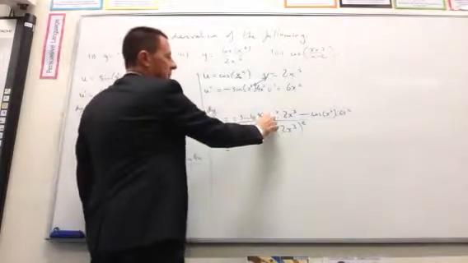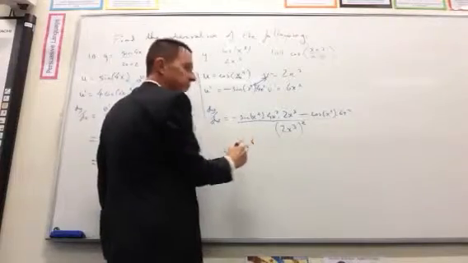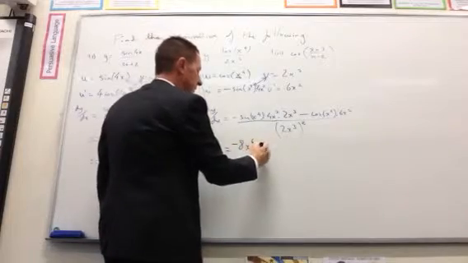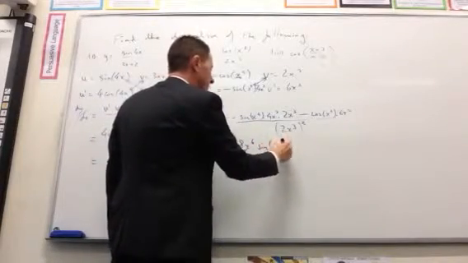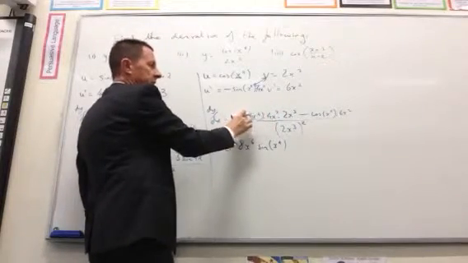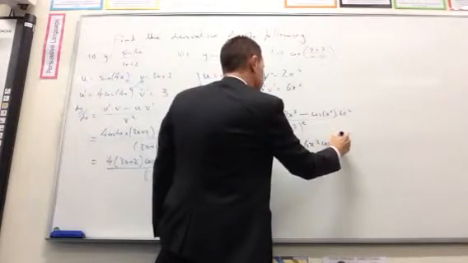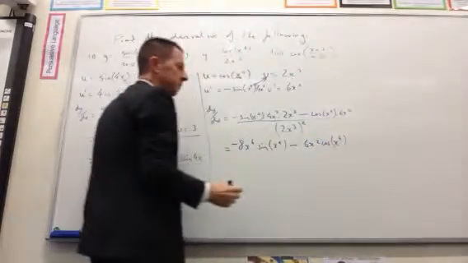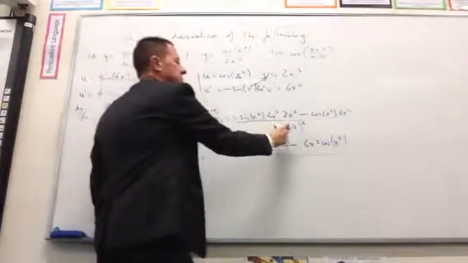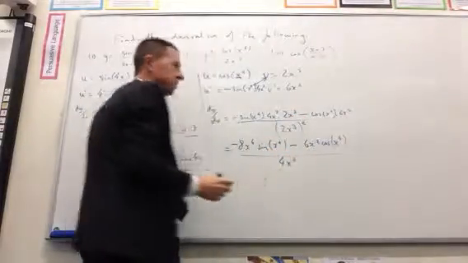Simplify. You've got 4x cubed and 2x cubed, so that's 8x power 6. You've got a negative. You've got a sine x4. Multiply those two together, left the negative, left the sine, minus 6x squared cos x4 divided by 2x cubed squared becomes 4x6.